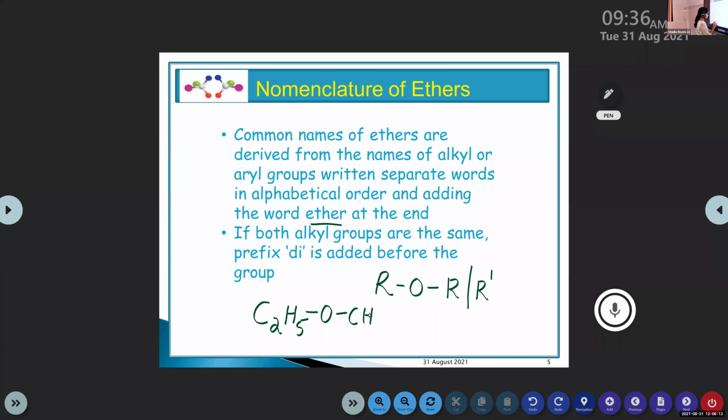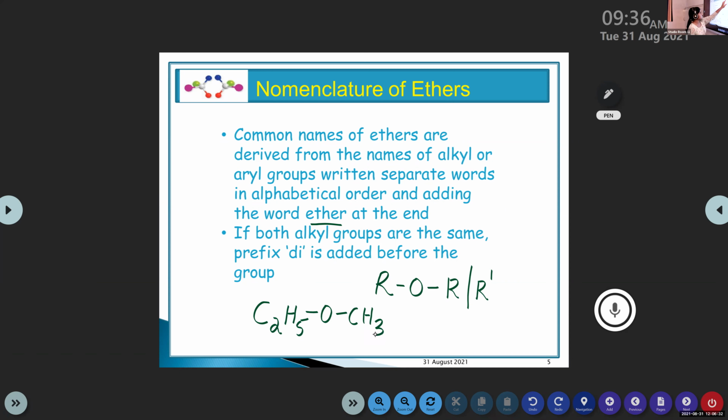C2H5O CH3. Can you please write the common name of this compound? Here, the first one is an ethyl group and the next one is a methyl group. So there are two groups. You should follow alphabetical order.